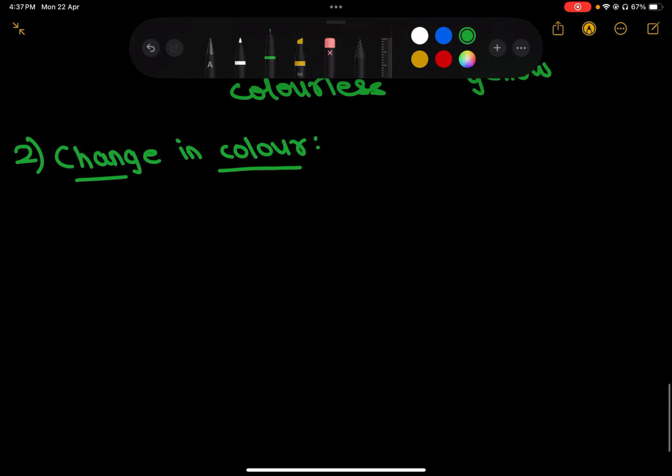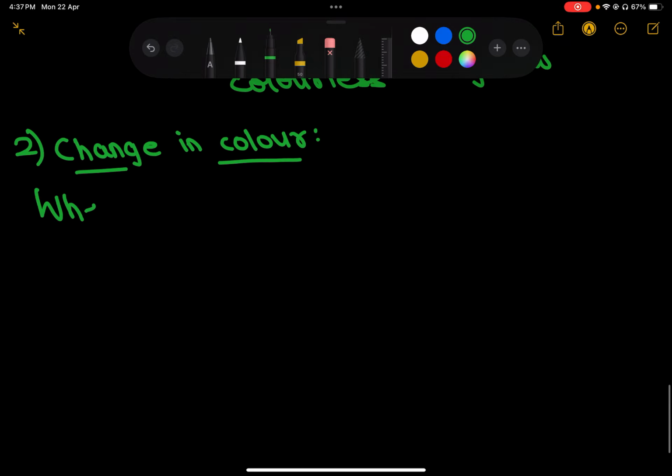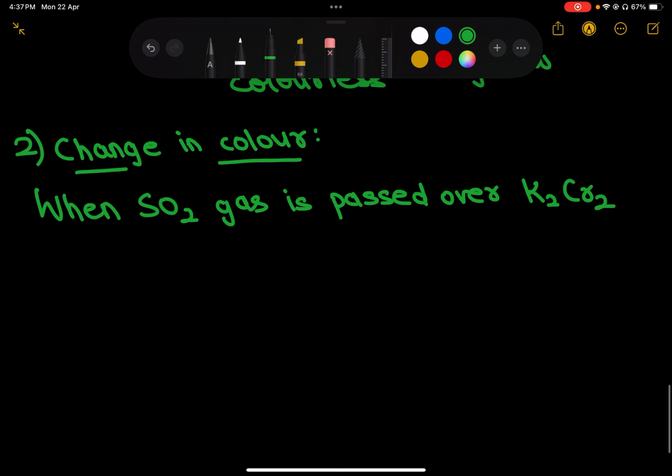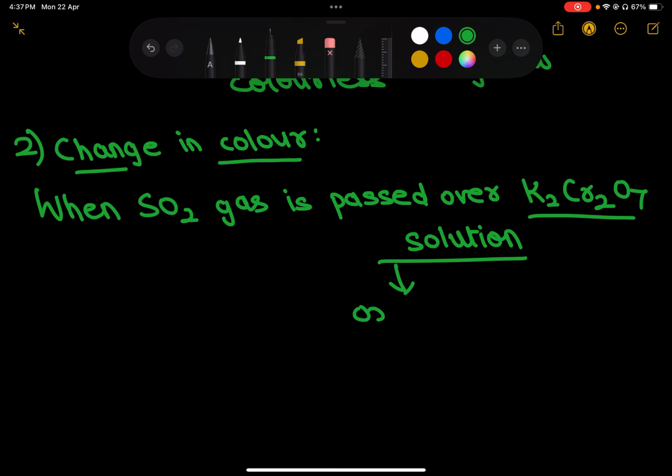When SO2 gas, sulfur dioxide gas, is passed over potassium dichromate solution, K2Cr2O7, the color of the solution, which is initially orange, changes to green.